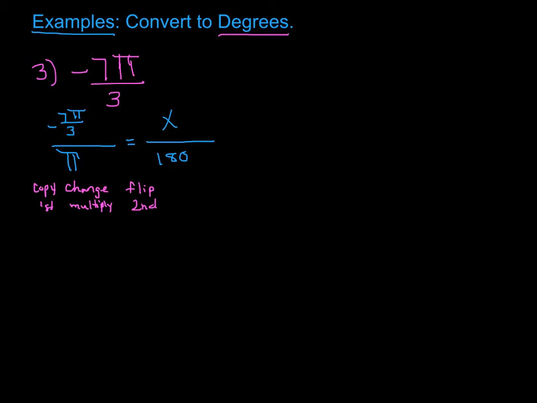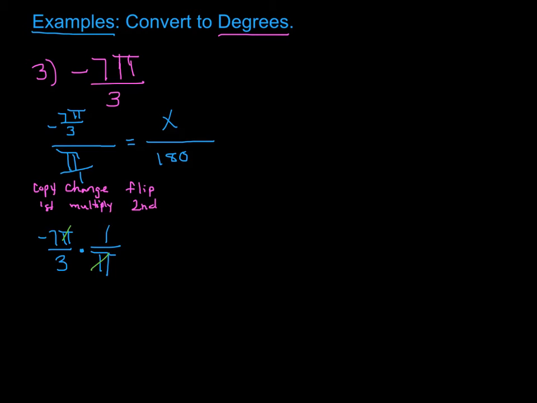So I'm going to copy my first, negative 7 pi over 3, change to multiplication, and then flip my second one. So I have pi over nothing, which is really over 1, if I wanted to make it a fraction. So if I flip that, it'd be 1 over pi.